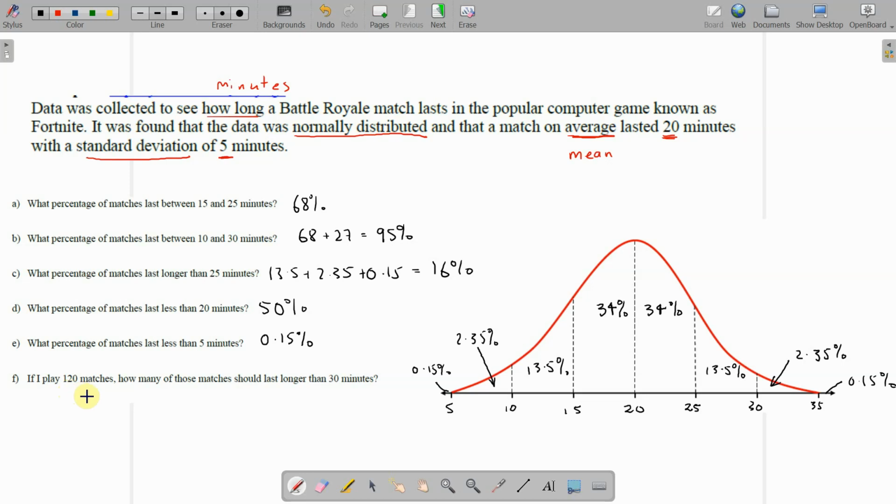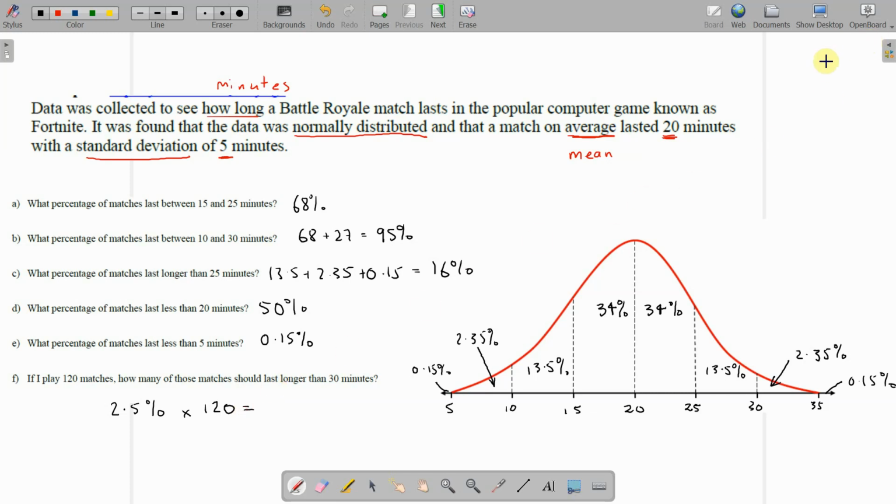If I played 120 matches, how many of those matches last longer than 30? So lasting longer than 30 is everything from here up, and we add up these two, we get 2.5% of the games last longer than 30. Now if we want to find out how many out of 120, we do this.